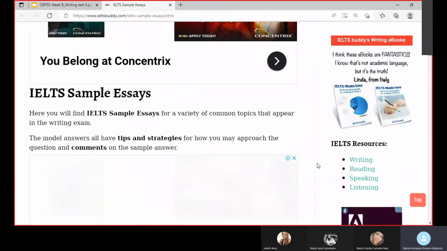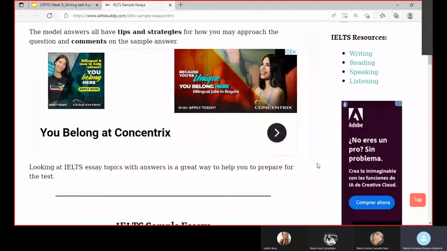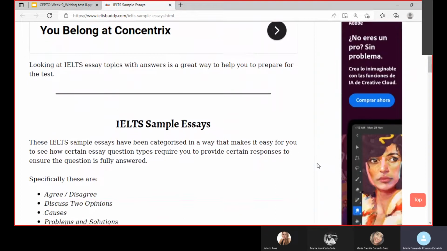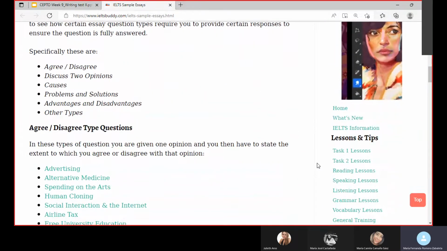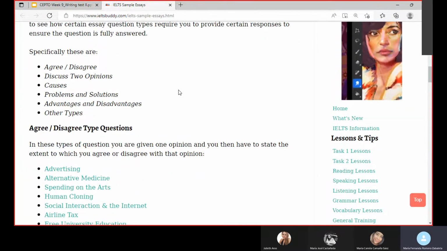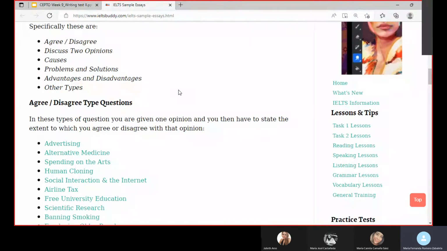In that web page, you can find a lot of advertisements, but also some sample essays and a variety of common topics that appear in these writing exams, because they are not always the same topics. Some of the questions ask you to answer in the essay are related to an opinion or more than one opinion that you have to discuss. In some cases, you have to agree or disagree with that opinion.